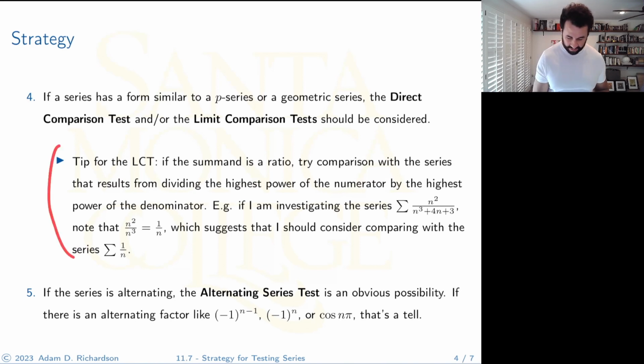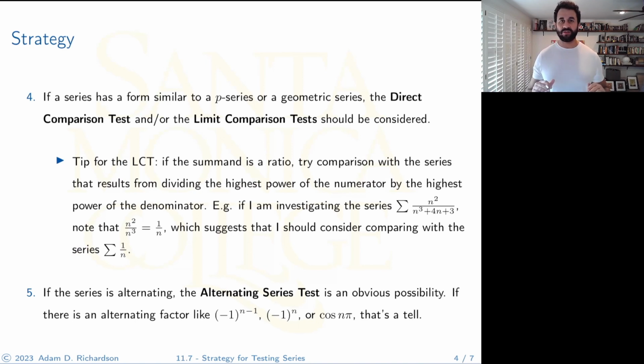A little tip for the LCT. I know I've mentioned this in activity as well, but if your summand is a ratio, try to compare the series with the series that would result if you divided the highest power of the numerator by the highest power of the denominator. Let me explain that a little more clearly.